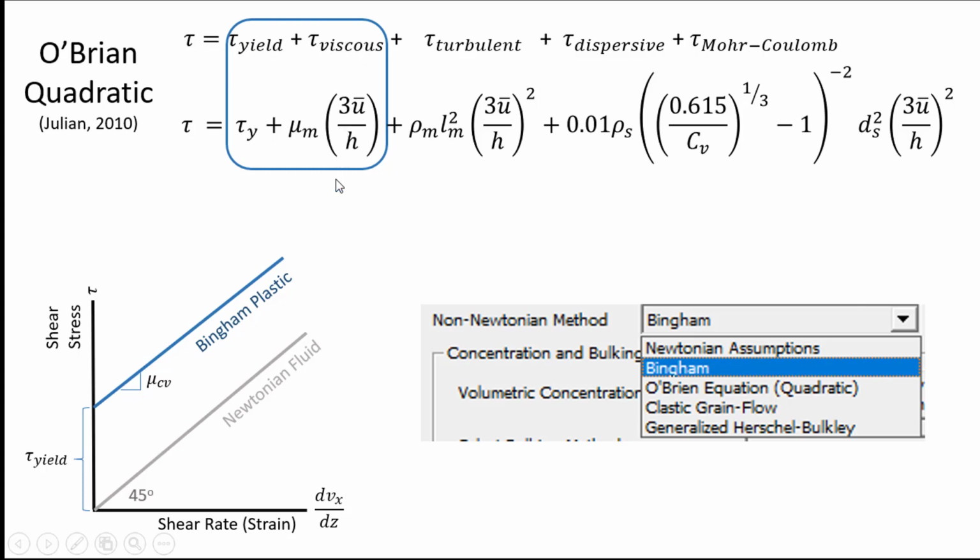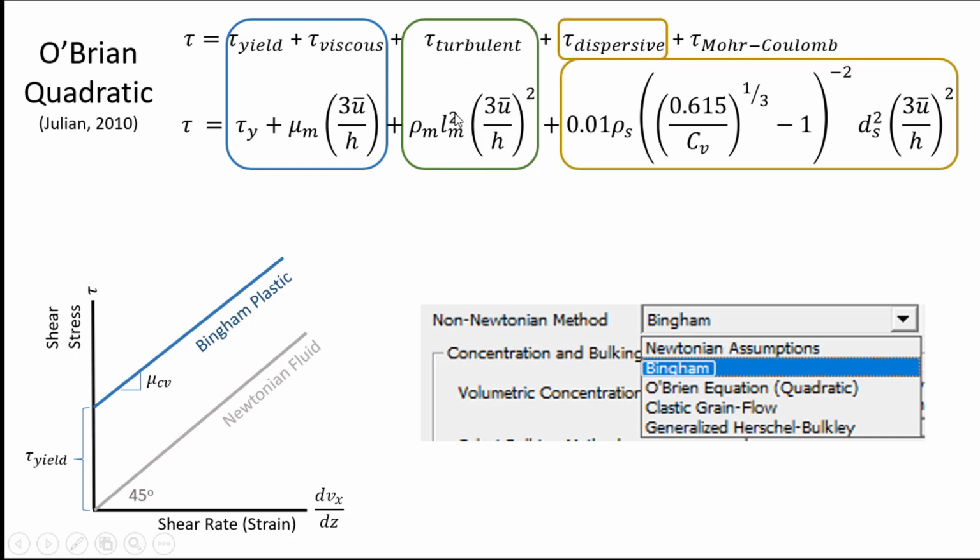O'Brien did this work many years ago. He had this in FLO-2D long before we ever did this in RAS. In his PhD work with Julian, he said there are these two other forces. There's a turbulent force, which he solved as a quadratic force, where you can see the strain is squared plus some turbulent features, and a dispersive stress. This work comes from Bagnold.